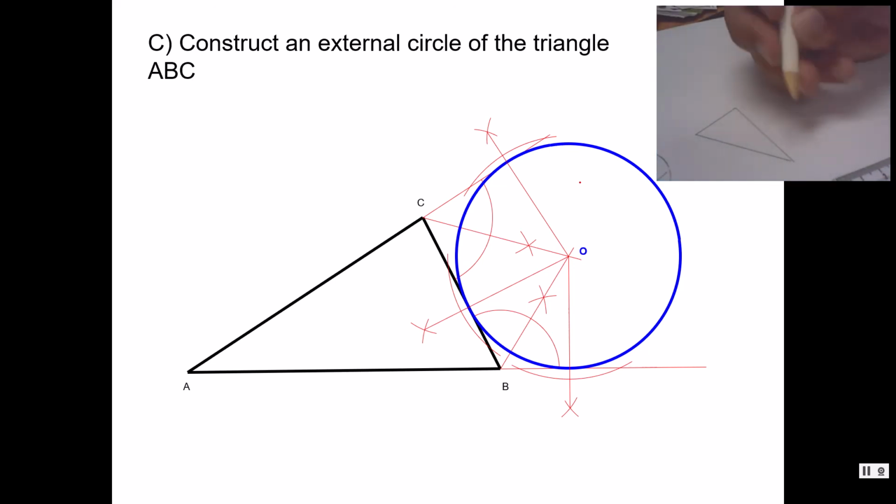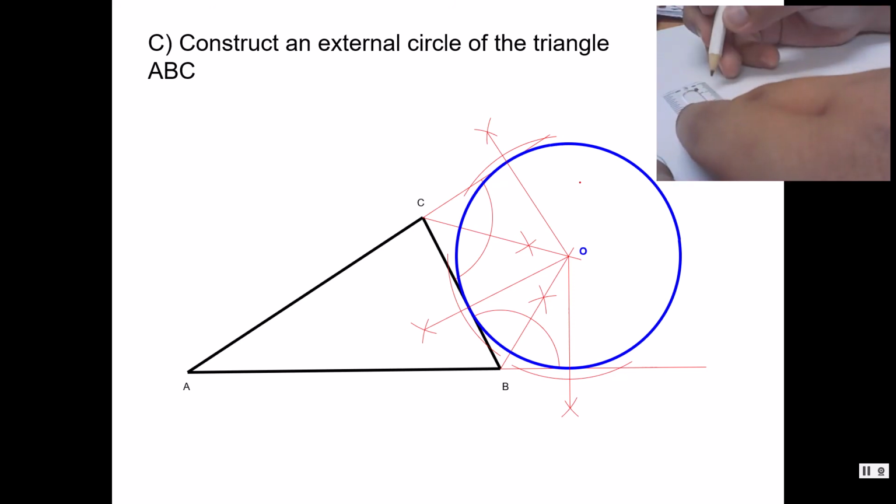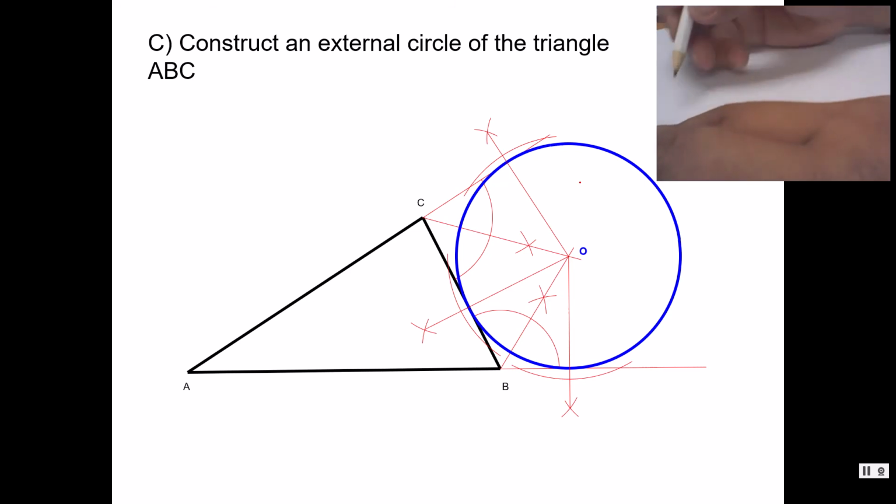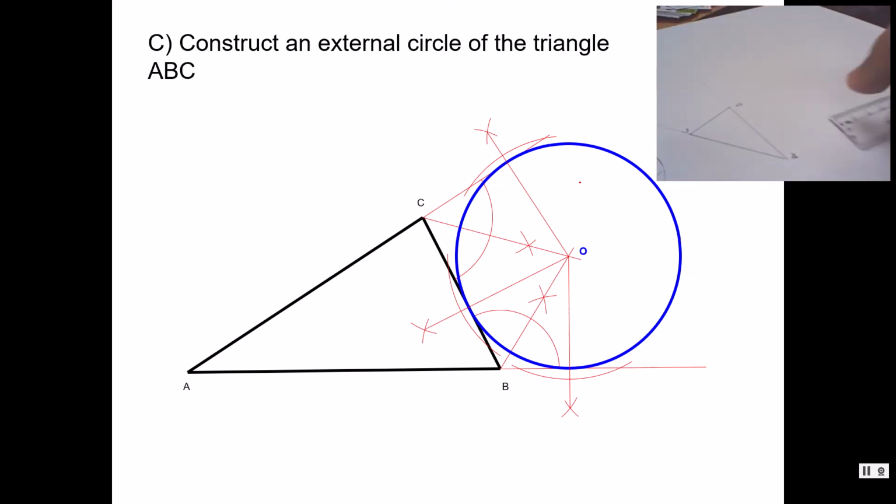I'm just going to draw a circle like this: A, B, and C. Make sure the circle touches the line between B and C. The first thing you need to do is extend the line B here, and then from C, and then we will bisect this line to get the center point.